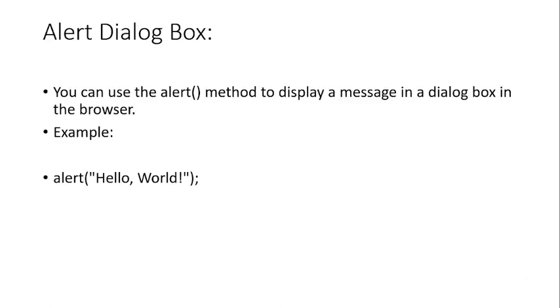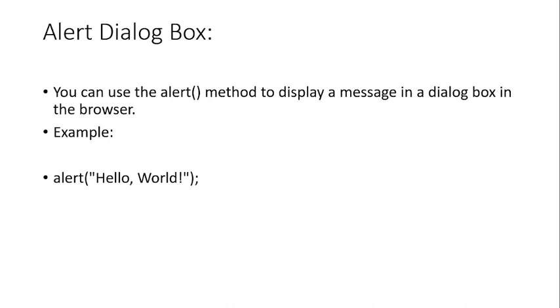The next thing where the output can be printed is by means of alert dialog boxes. You know about dialog boxes, right? In order to display a message in a dialog box in the browser, we are using the method called alert. You can see here alert of hello world, right?